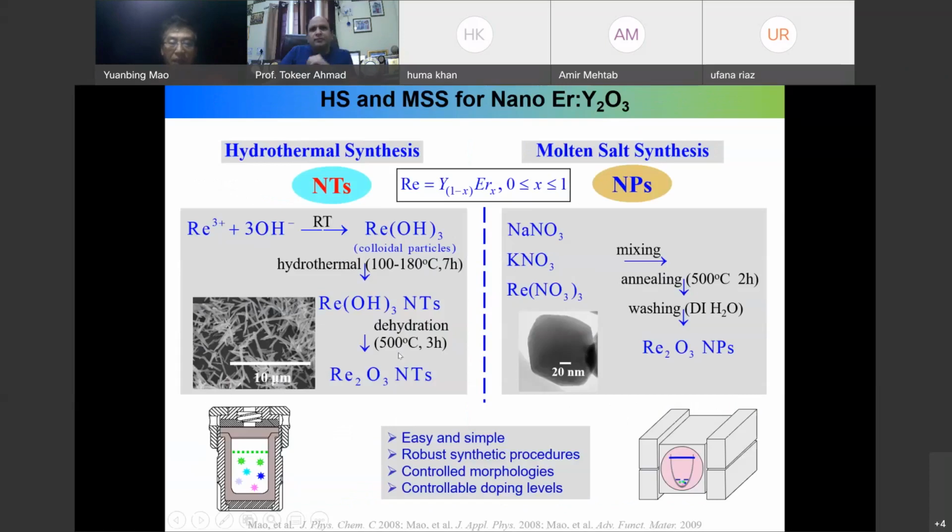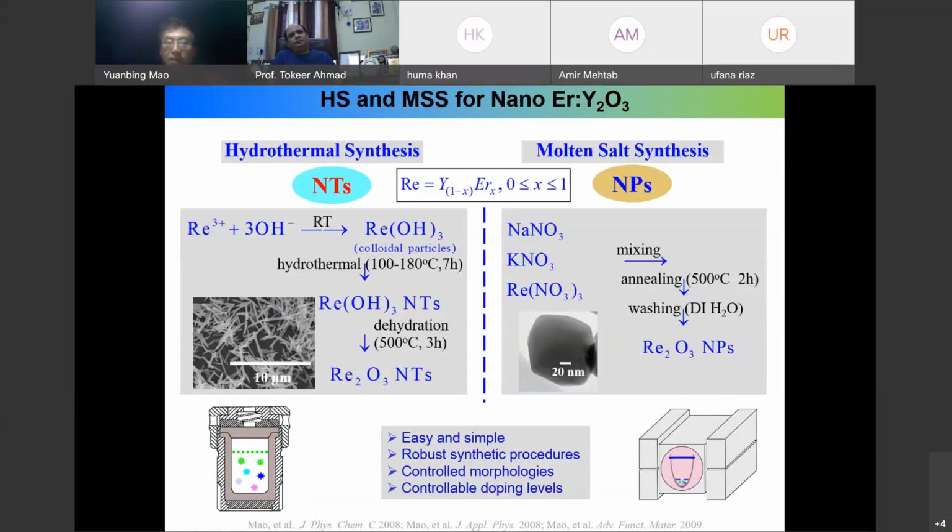We made the hydroxide nanotubes, and then through the titration process, we get the yttrium oxide nanotubes, right? By using the molten salt synthesis, we can easily make the yttrium oxide or erbium doped yttrium oxide nanoparticles. And both of these methods are quite easy and simple.